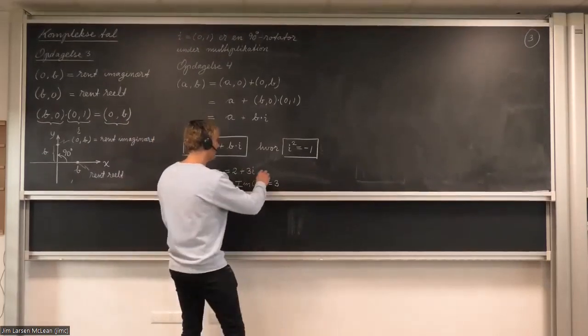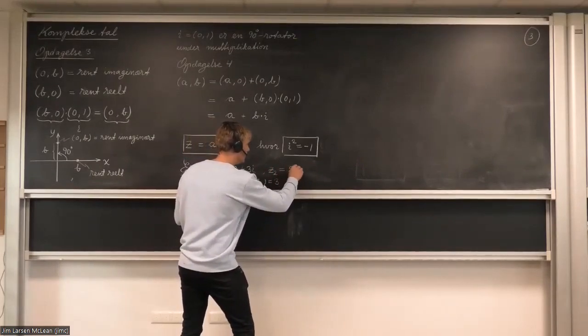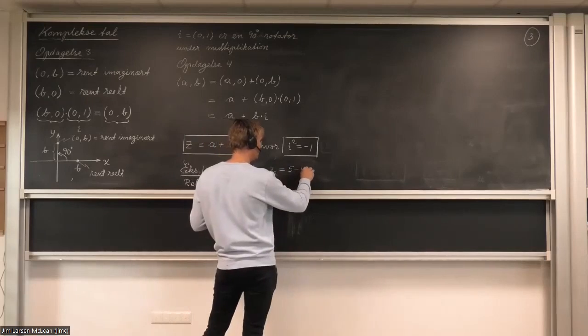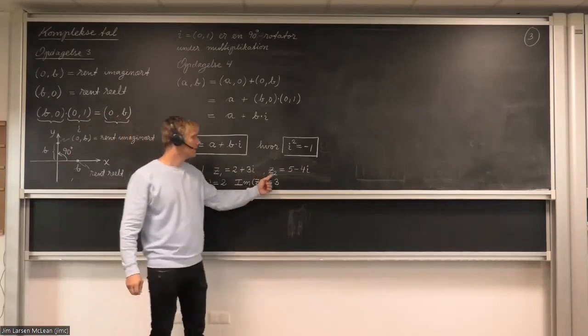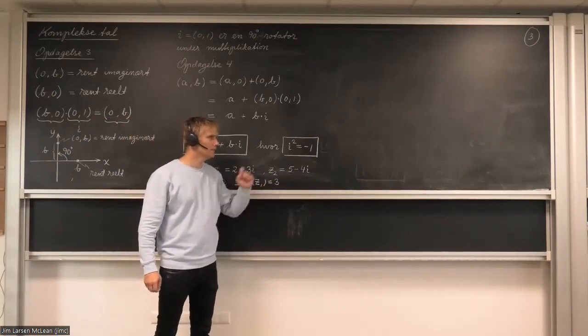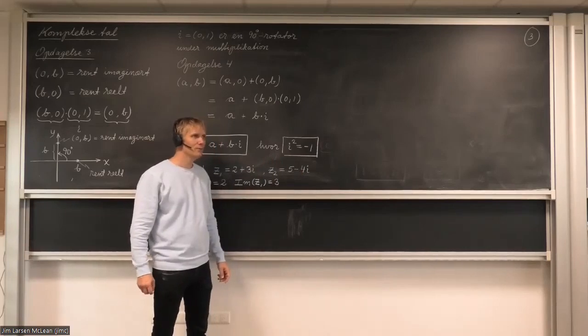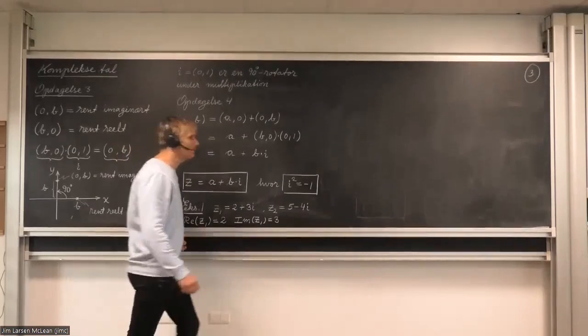Let me come up with another complex number, z2, which is called 5 minus 4i. The complex number z2 has a real part of 5 and an imaginary part of -4. Not minus 4i. Let's try to add the two complex numbers together.